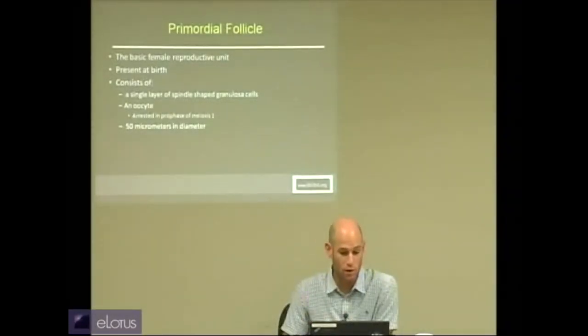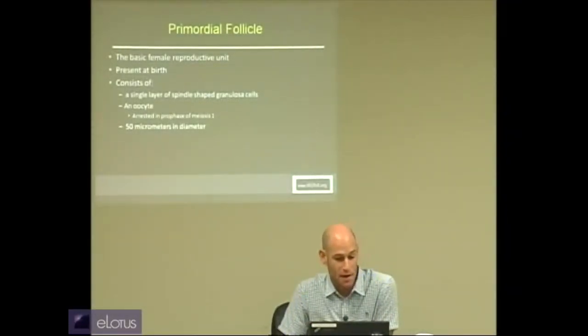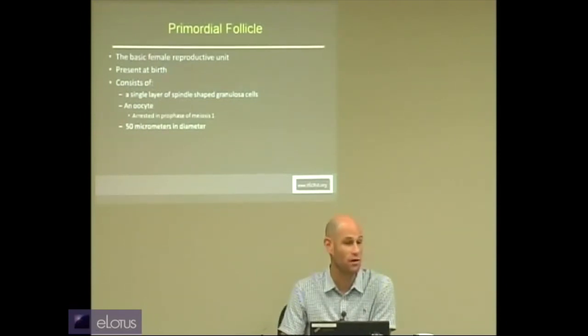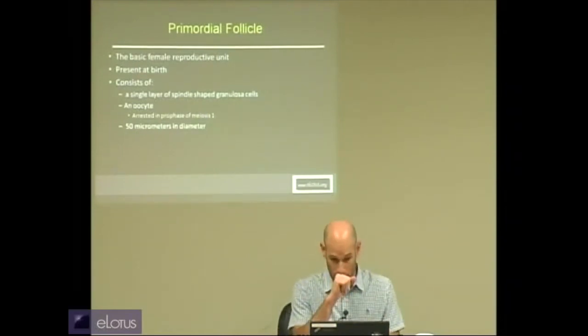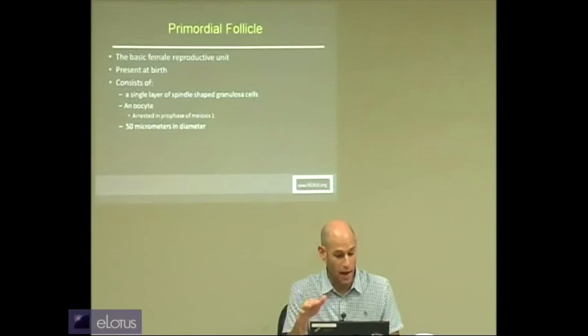So the primordial follicle is the basic female reproductive unit, and it's present at birth, and it consists of a single layer of granulosa cells. Granulosa cells are very important cells within the follicle that produce estrogen, that support the egg inside of it. It also consists of an egg, which is sort of frozen at the first phase of meiosis 1.